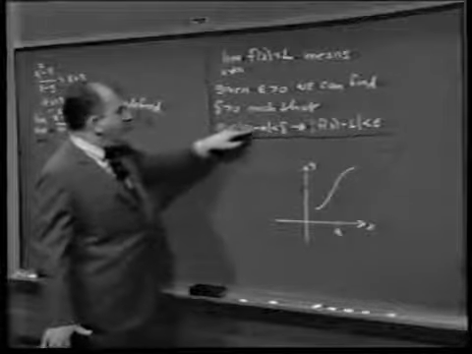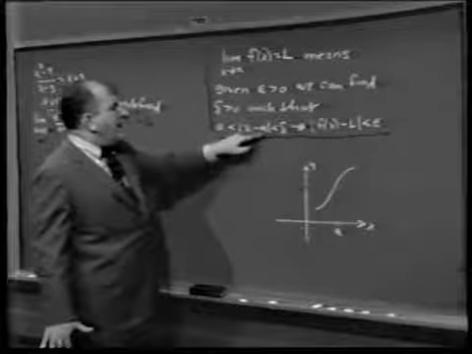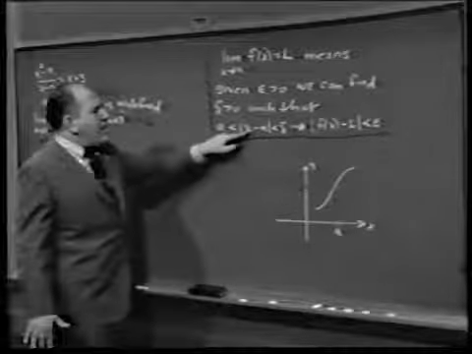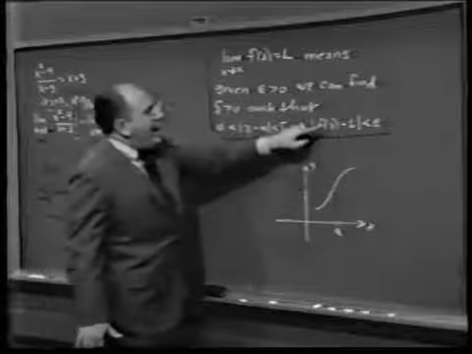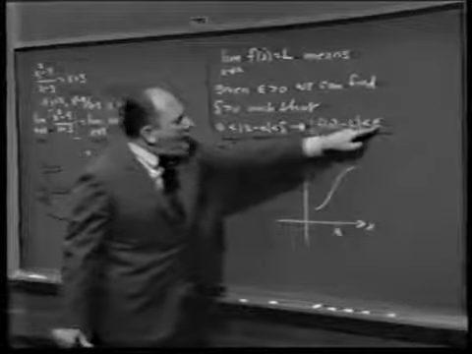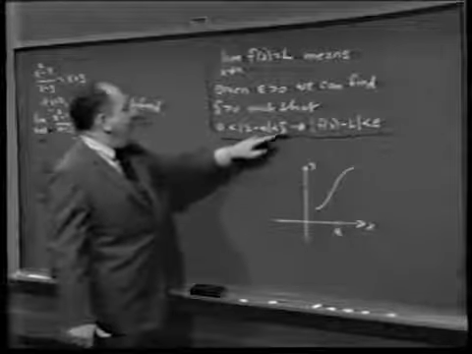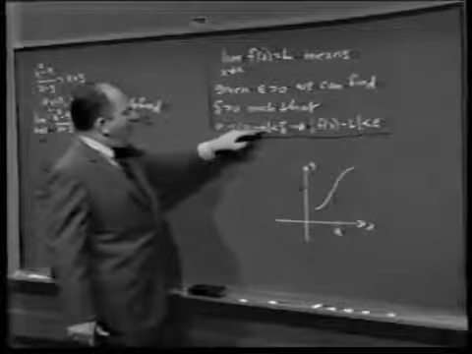The absolute value of x minus a simply means the distance between x and a. All this says is that I can make f of x fall within epsilon of L by finding a delta such that x is within delta of a.